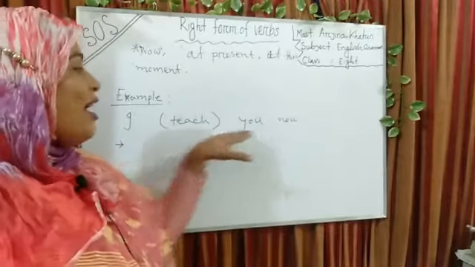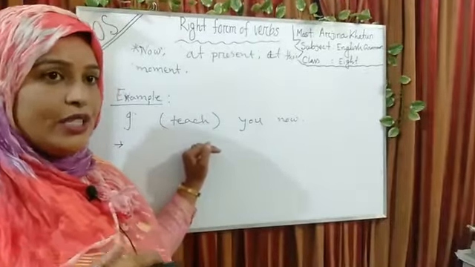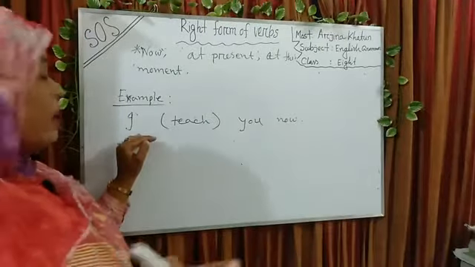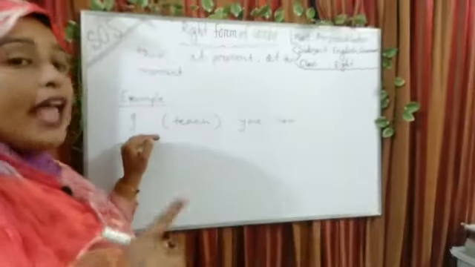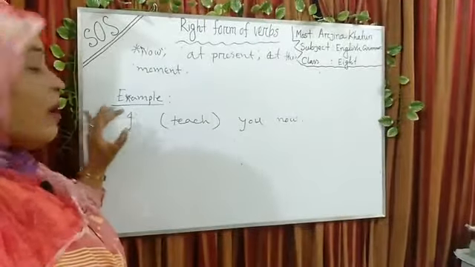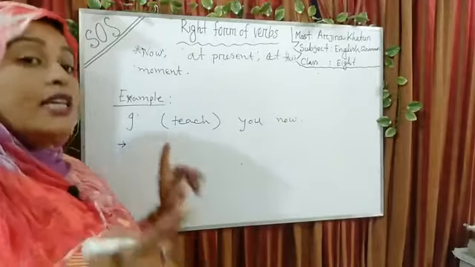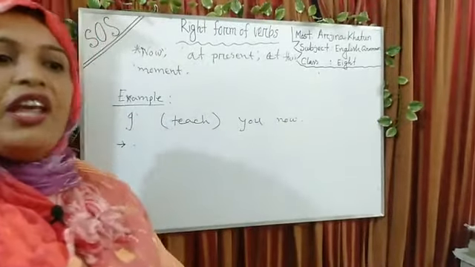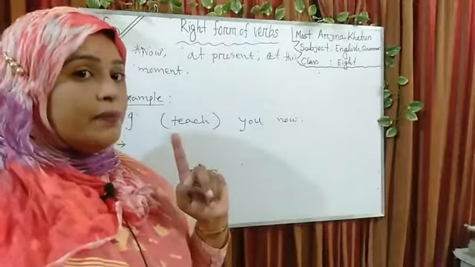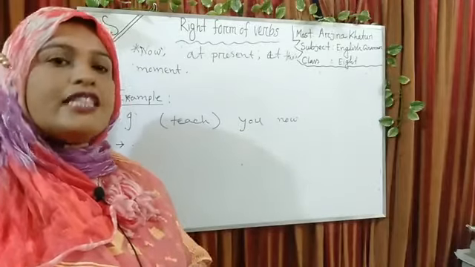Okay, learners, this sentence is obviously present continuous, and present continuous's be verb or helping verb is am, is, are. When the subject is I, the helping verb is obviously am. When the subject is he, she, or any singular noun, the helping verb is is.